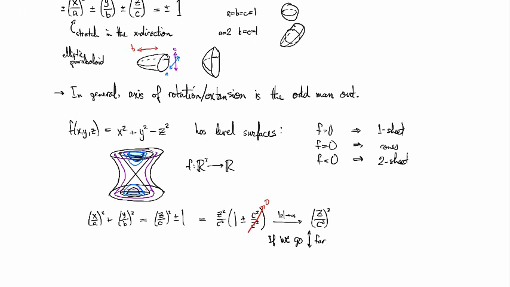So that thing from the beginning is very much like z squared over c squared for large z. And if this were an equation instead of an approximation, then we'd be looking at the equation for cones. So that's telling you that the hyperboloids are asymptotically cones. They tend toward cones as you go up and down, which hopefully from the picture looks reasonable.